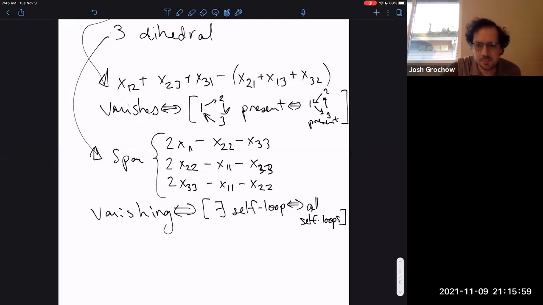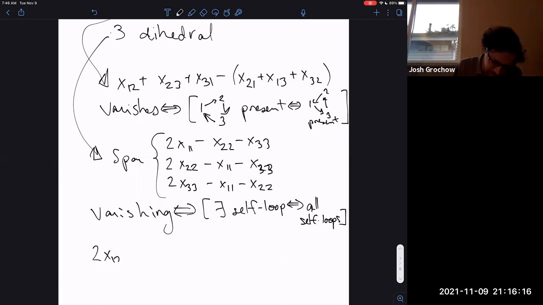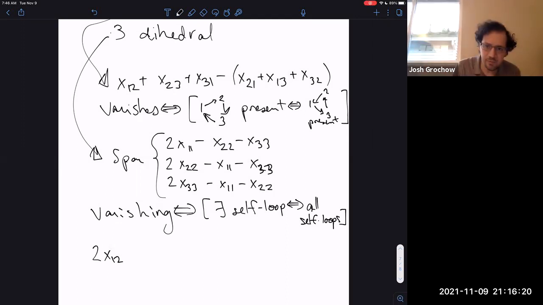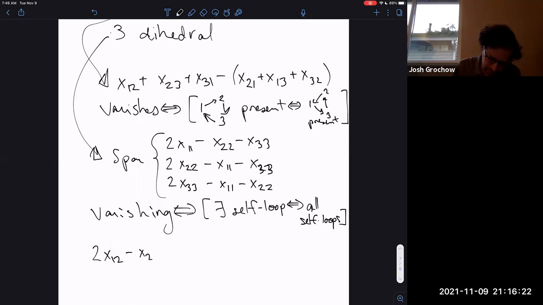And for the other ones, I'll write down what one of the generators is, just so you can see it. It sort of looks like this one, but I don't want to get too much into it because the interpretation is more complicated. We have this minus x23 minus x31 plus 2x21 minus x13 minus x32.